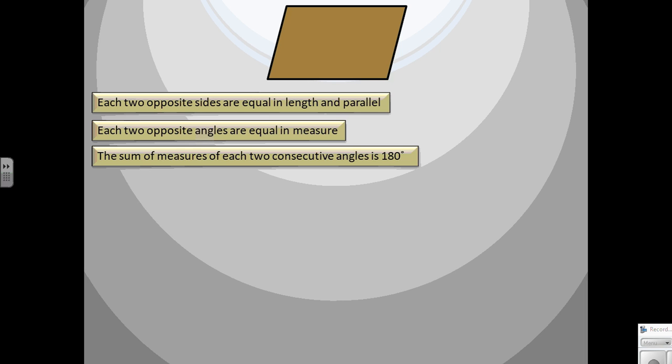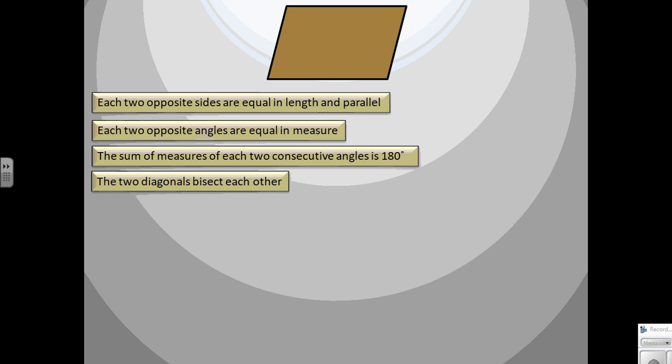Consecutive angles means 2 angles after each other, not opposite, like this. The sum of these 2 consecutive angles is 180, and of course also these 2 consecutive angles, the sum of them is equal to 180.